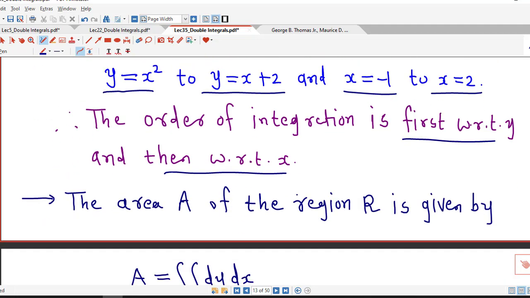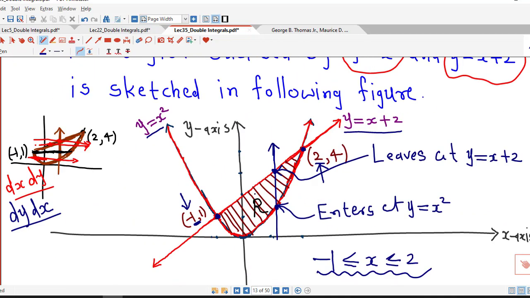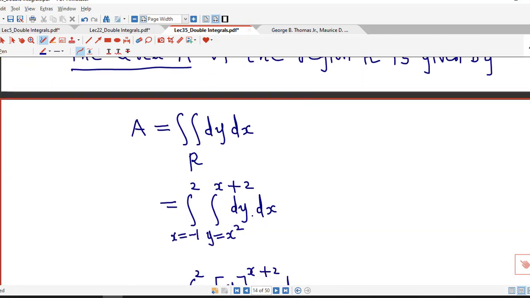Now we have the ready-made formula for the area. We are interested in the area of this region R. The area of region R is the double integral of the constant function 1 with respect to y first and then with respect to x.